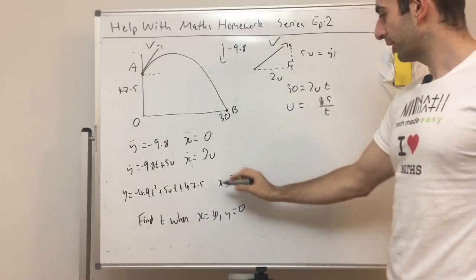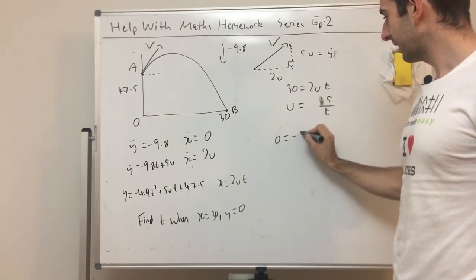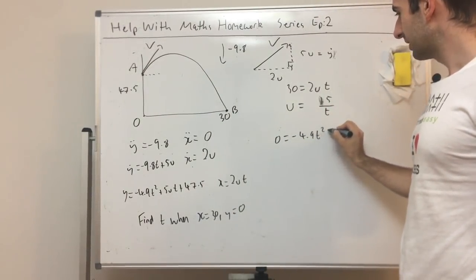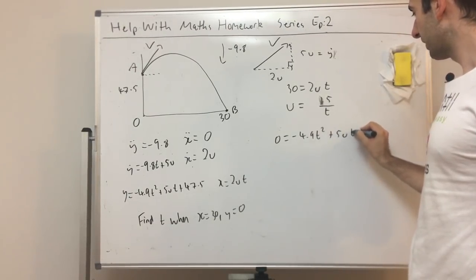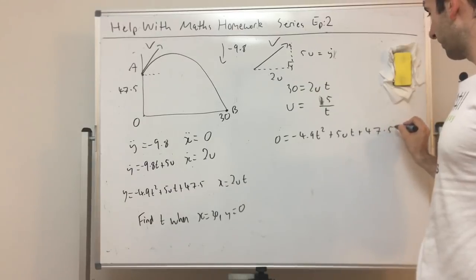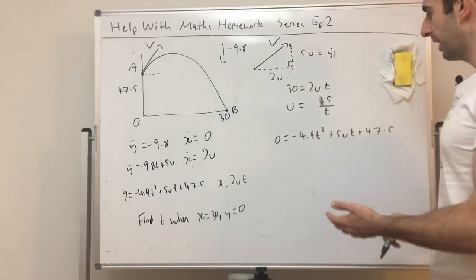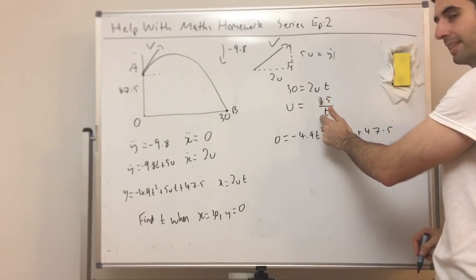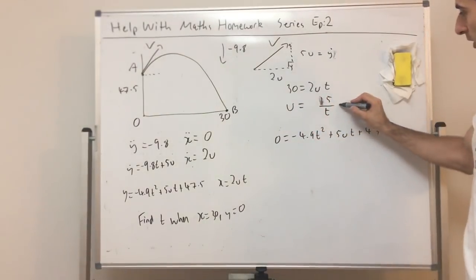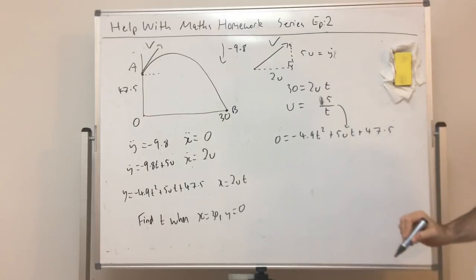And then if we sub 0 into here, we get 0 equals negative 4.9t squared plus 5ut plus 47.5. So now to find t, we've got two simultaneous equations. u equals 15 over t, and this one. So all I've got to do is substitute that for u right there.